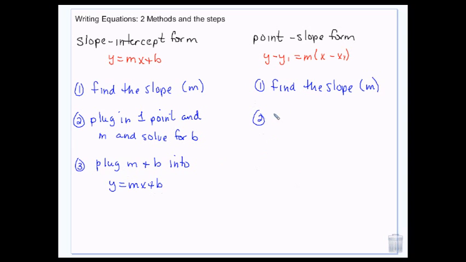On point slope form, you pick a point and you plug it in and then you're done. So far.